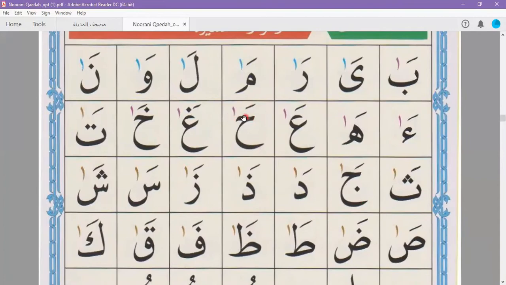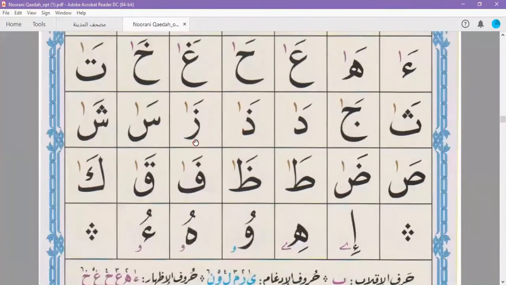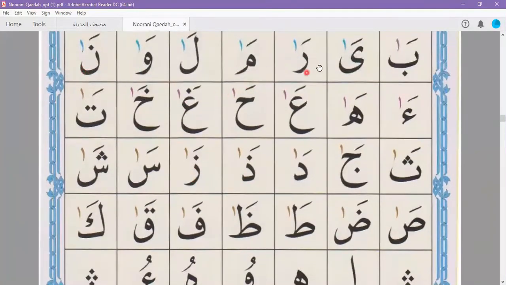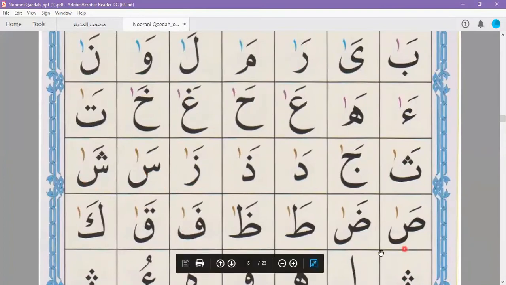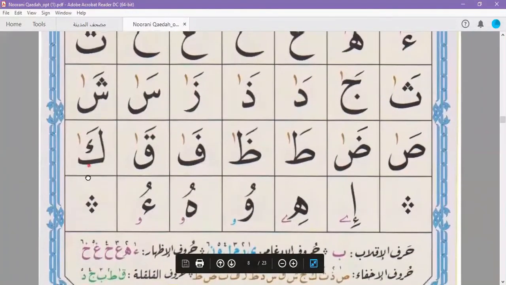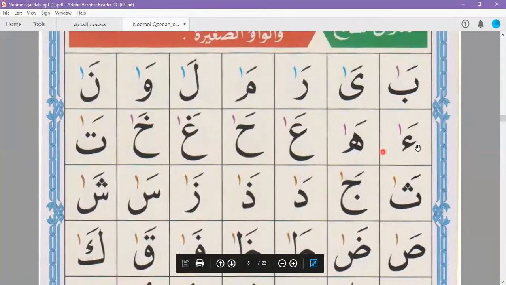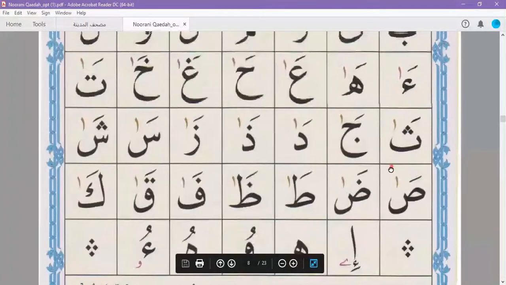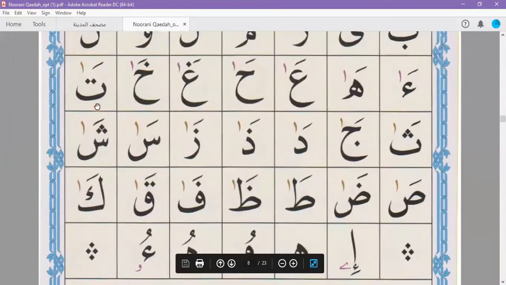Okay, ha is not here, so ha went there. Dal, dal, ra is not here, ra is here. Then za, sin, shin, sad, dad, ta, da. Ain and ghain are throat letters, then fa, qaf, kaf. Then the remaining letters are also in yarmalun and these. So they are according to the Arabic alphabet in that same order.